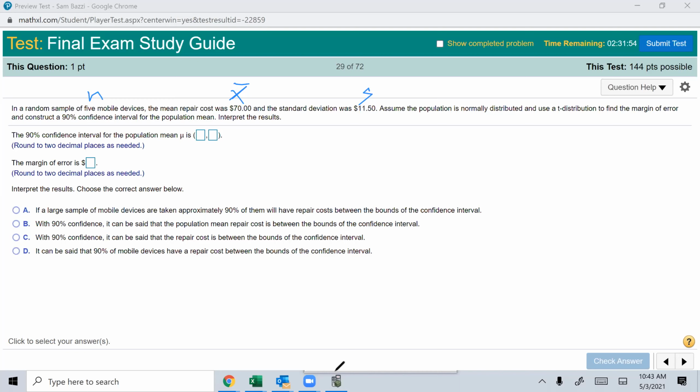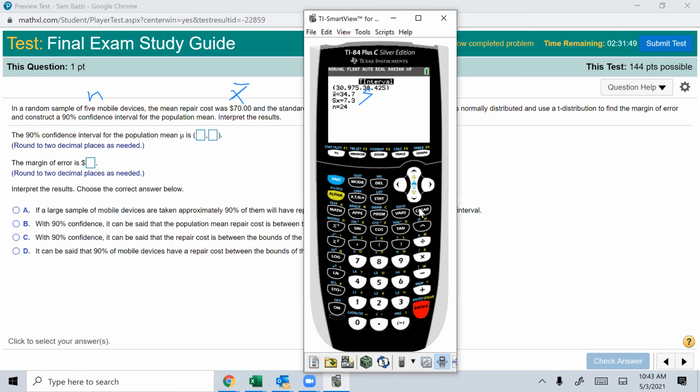So guys, just like we did earlier, clear, stat, and it's a, oops, I'm going too fast. T interval. I don't have data here. If you have data, you have to select the data. Oops, I selected the wrong test.